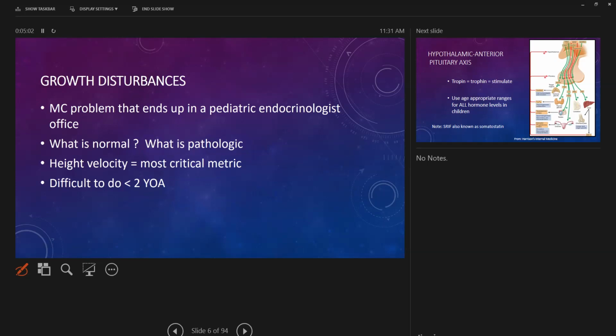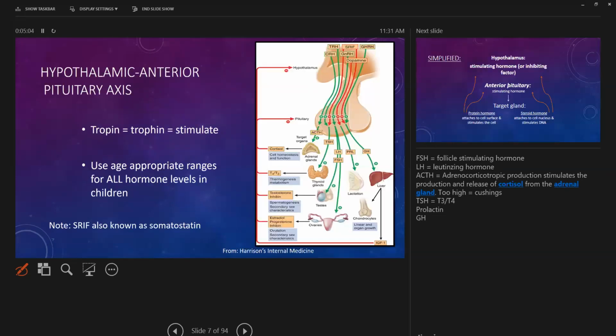The hypothalamic anterior pituitary axis. So it sounds really big and daunting, but it really is not. So if we break it down, we've just got that hypothalamus and the anterior pituitary and how those two interact with each other.